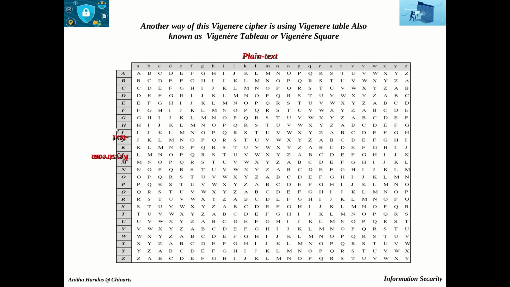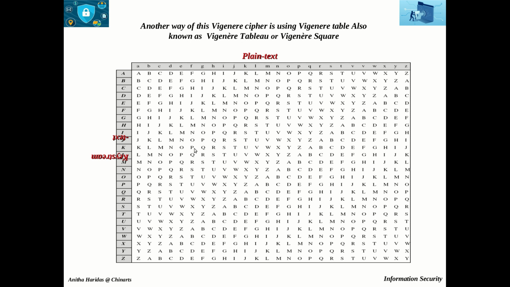These are the key stream characters, and the rest of the table shows the ciphertext characters. Now to find the ciphertext for the plain text, what are we going to do? We are going to take the intersection of the plain text character and the key stream character. So that intersection cell value will be the ciphertext for the given plain text.